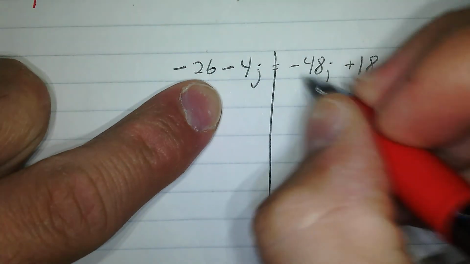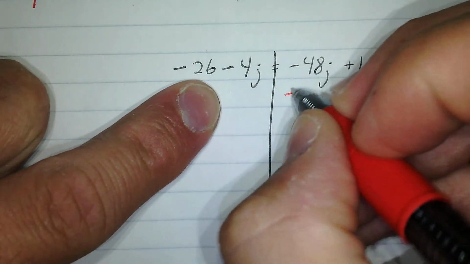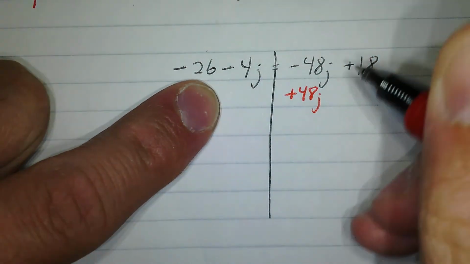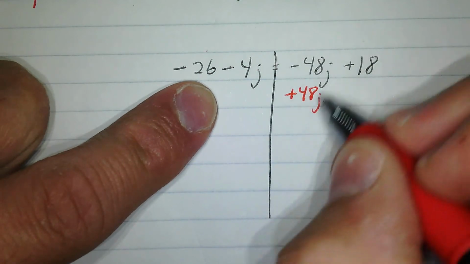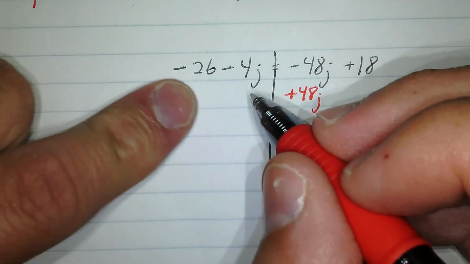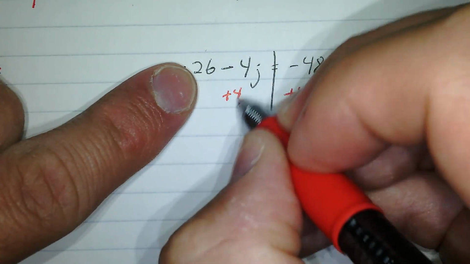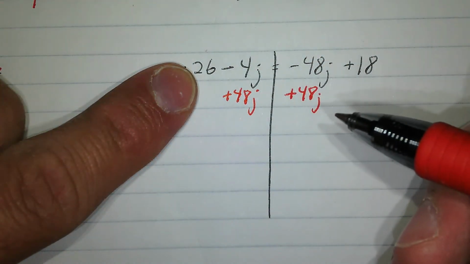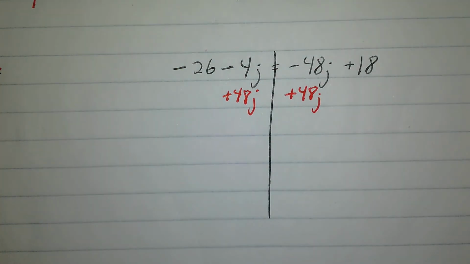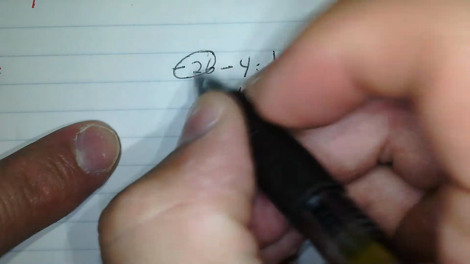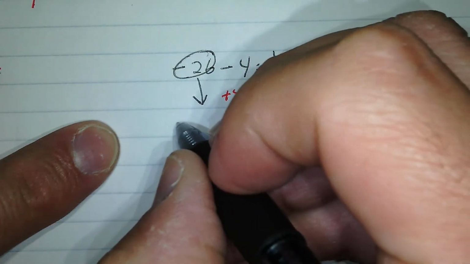So to get rid of negative 48j, I would do the inverse and I would add 48j. Remember, variables can only go with variables. So we're not adding it to the negative 26, we're adding it to the negative 4j. Nothing's happening with the negative 26, so we're going to bring it down.